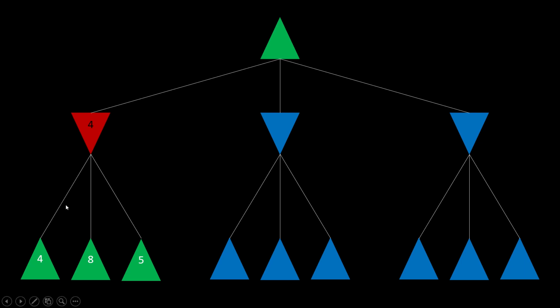Now if I apply the same logic to everything, I have a 9, a 3, and a 7, meaning the minimum value here is 3. And the next part of this branch has values 2, 4, and 6, meaning the lowest possible value is 2. And between these, of course, a maximizing agent will choose 4.